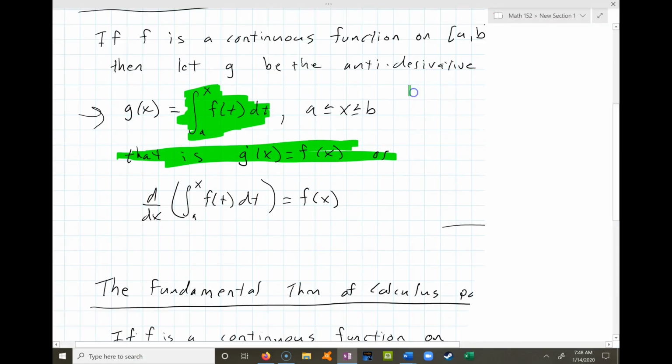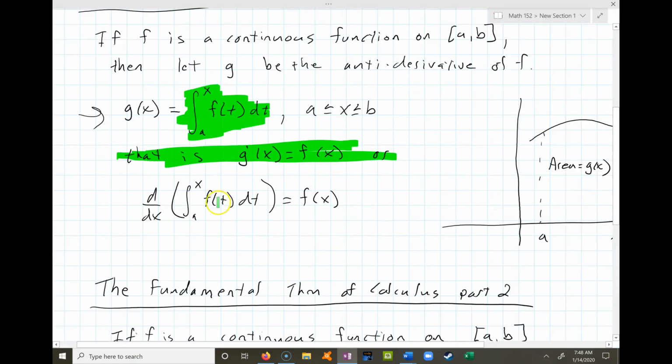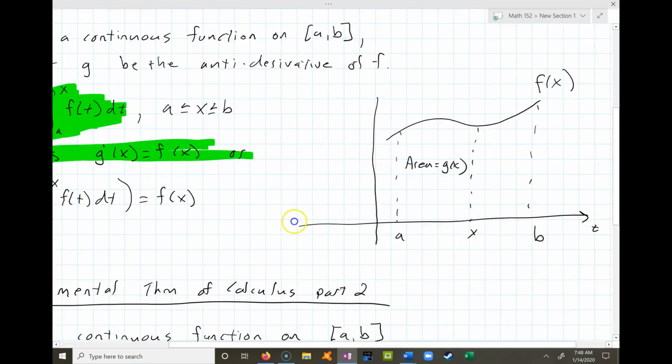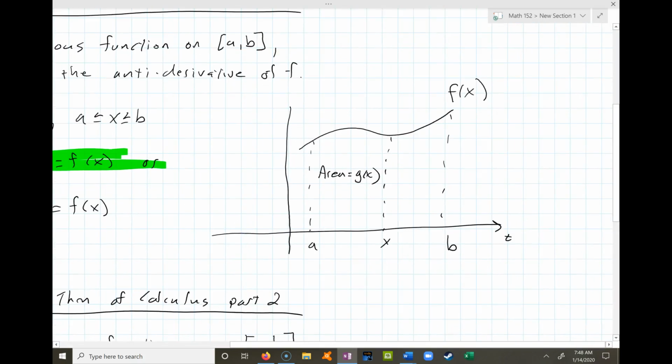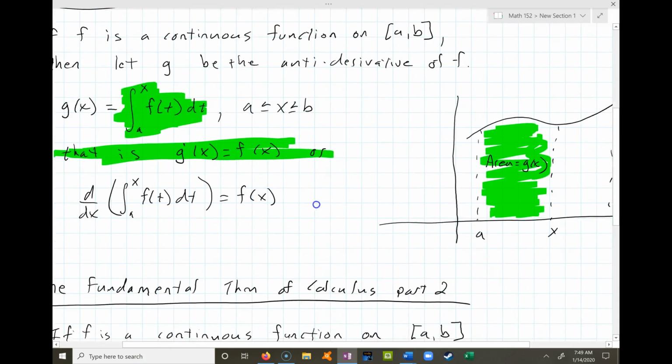Basically, derivatives and integrals undo each other. You could say they're the inverse of each other. Here's another look at it from a graphic perspective. If we're trying to find this area right here, that's exactly what the integral does.